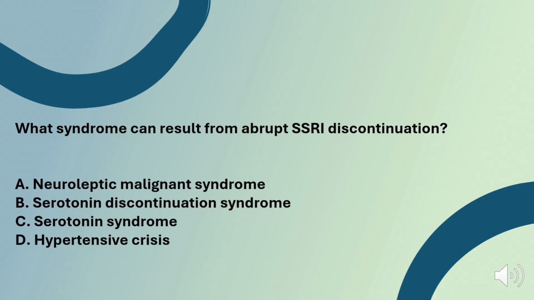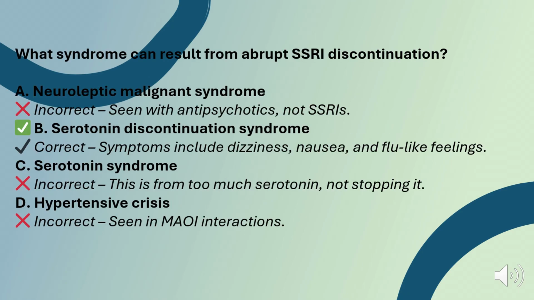So what syndrome can result from abrupt SSRI discontinuation? If you said B, serotonin discontinuation syndrome, you are correct. Abrupt discontinuation is called serotonin discontinuation syndrome, where someone experiences flu-like symptoms with brain zaps.